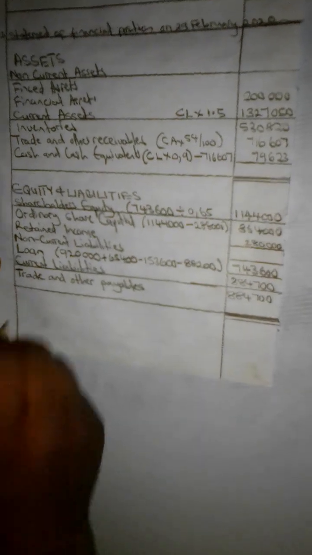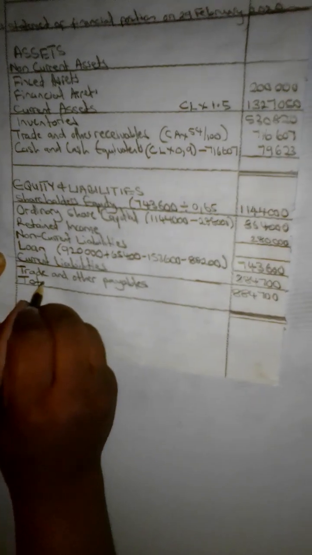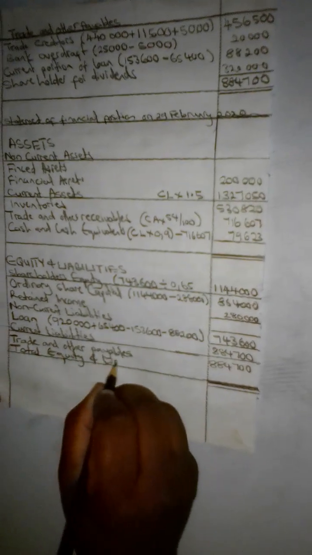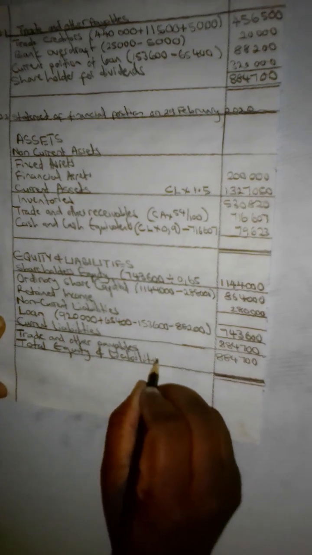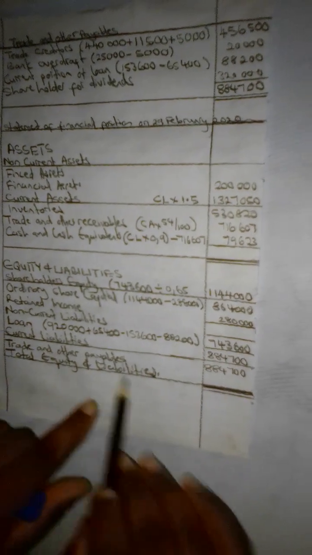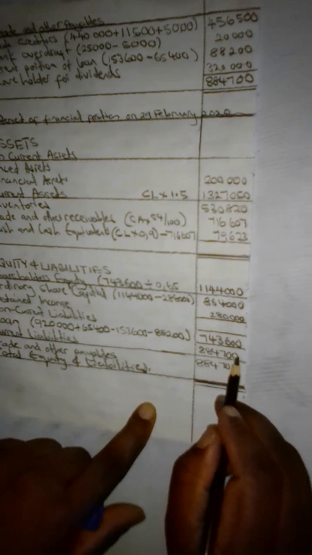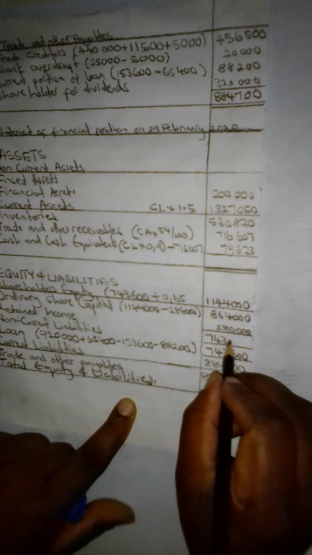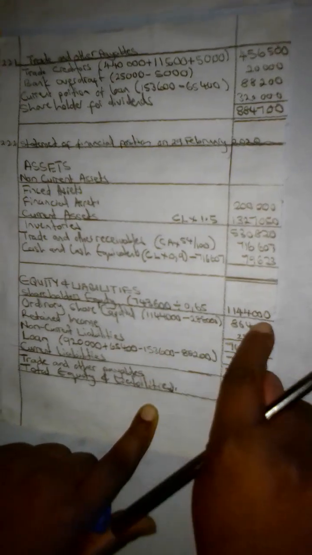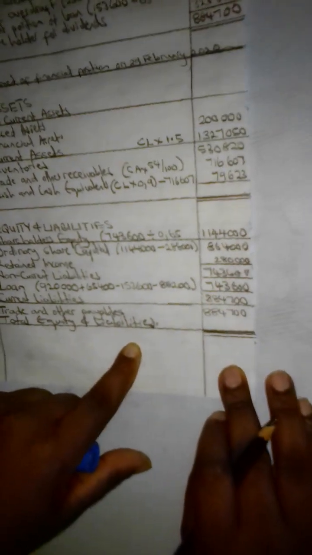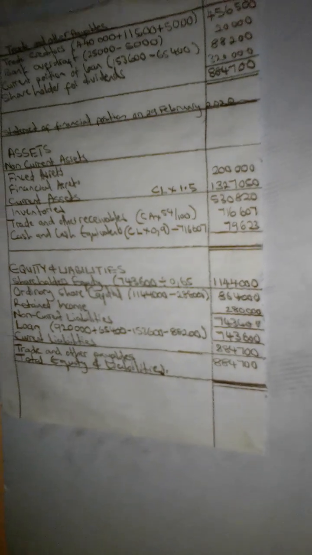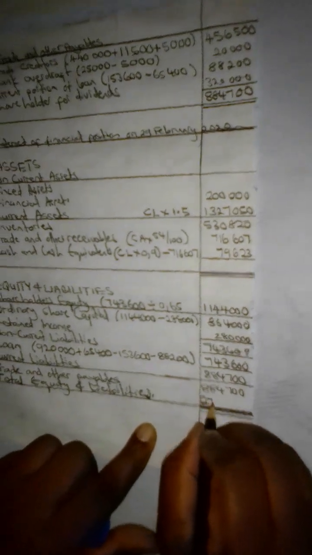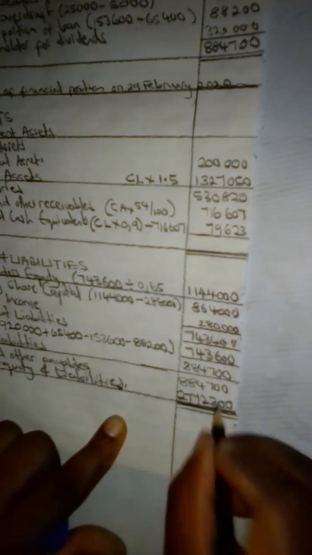So we can actually safely calculate the total equity and liabilities. Okay. We have got the total for the current liabilities, 884,700, plus the non-current liability, 743,600, plus the shareholders equity, 1,144,000, of which it will give us a total of 2,772,300.